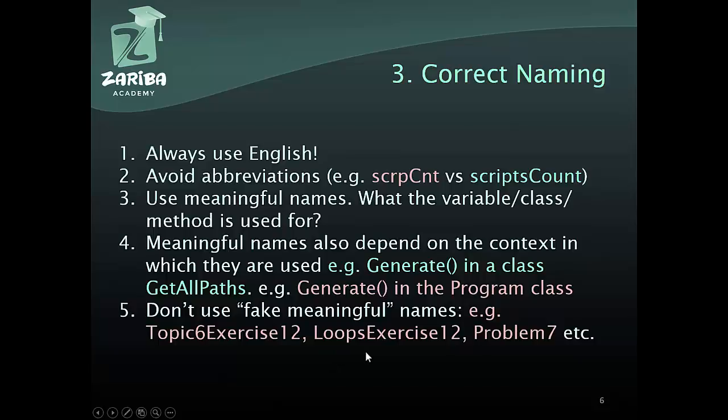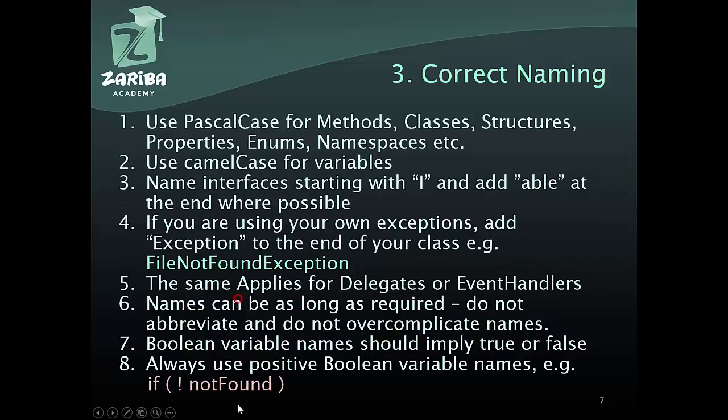The same is for loops, exercise 12, problem 7, and so on. All of these are not really good. Always try to describe what problem you are solving, and that should be transferred to the name of your class, project, solution, and so on, using words. This problem 25.2.7a doesn't tell anything to anyone.